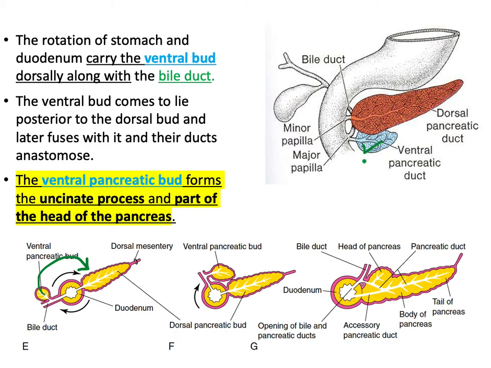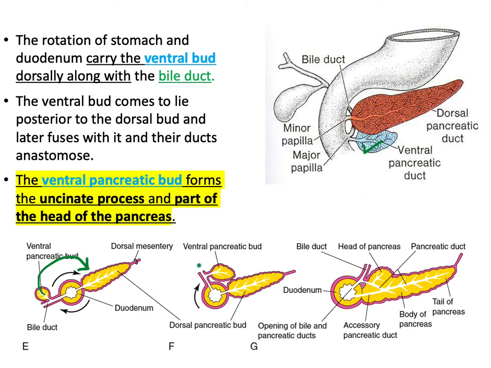As you see here, the ventral bud becomes posterior to the dorsal bud, because it was ventral, then it rotated until it became posterior to the dorsal bud. So the smaller ventral pancreatic bud participates in the formation of the uncinate process and part of the head of the pancreas.